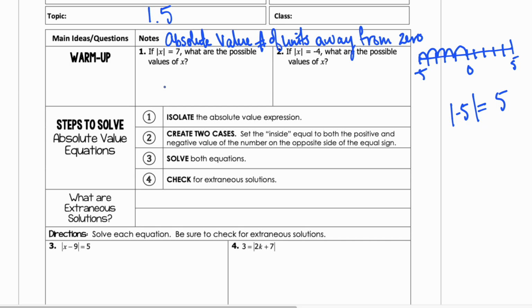Now, in this case, they're asking if the absolute value of x is 7, what are the possible values of x? Okay, well, let's go back to this example of 5, right? Where I could say, what number can be x where the answer is 5?